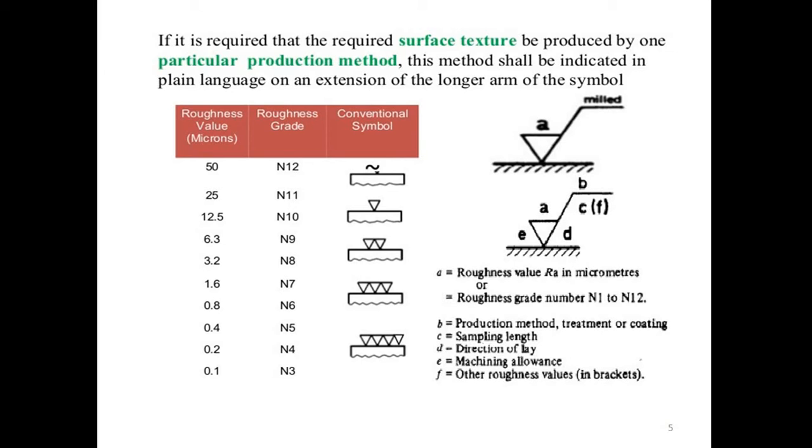For 25 micron the roughness grade is N11, for 12.5 it is N10, for 6.3 it is N9, and the conventional symbol is a single triangle, which can be achieved by various common machining processes.